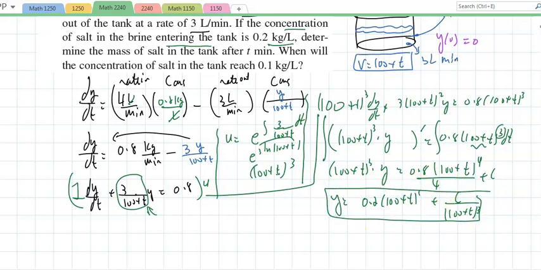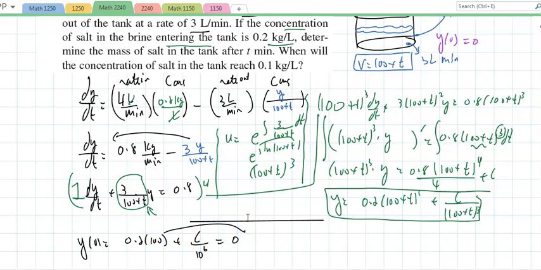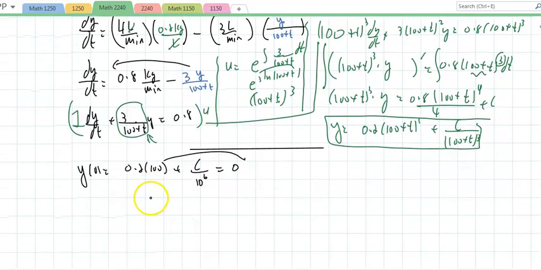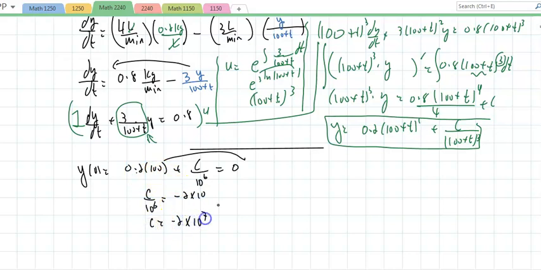First order is to get the equation that tells you what y is, and y of 0 is 0.2 times 100 plus c divided by 100 cubed. 100 cubed is 10 to the 6, and that equals 0. So if I move this over, doesn't that mean c over 10 to the 6 equals negative 2 times 10, so c is negative 2 times 10 to the 7.